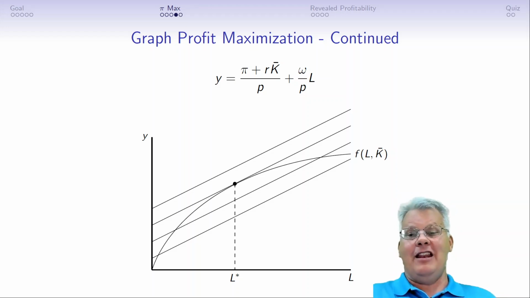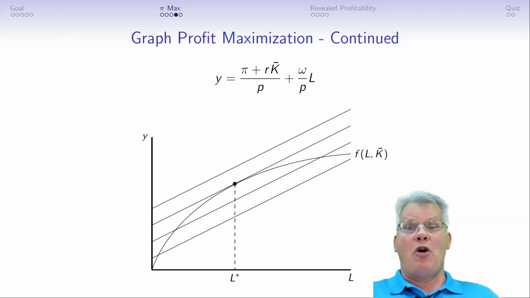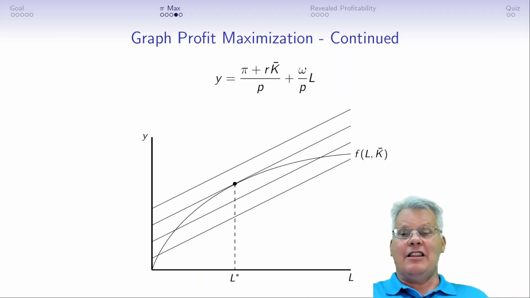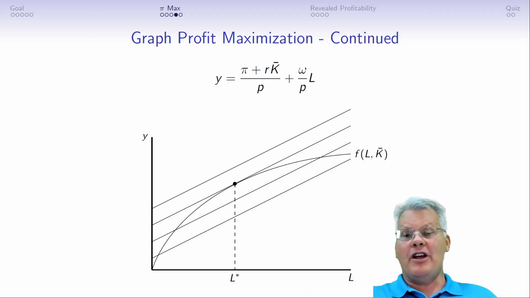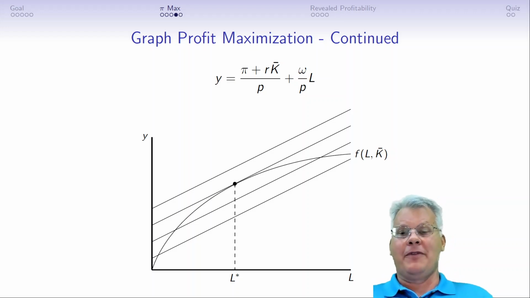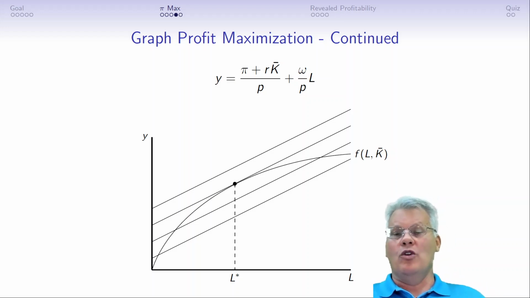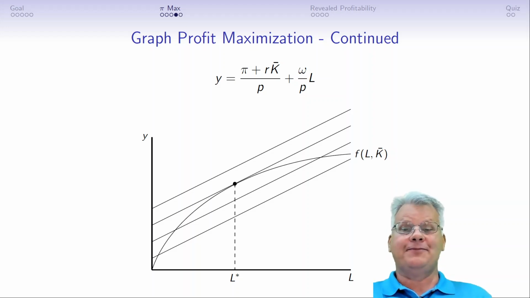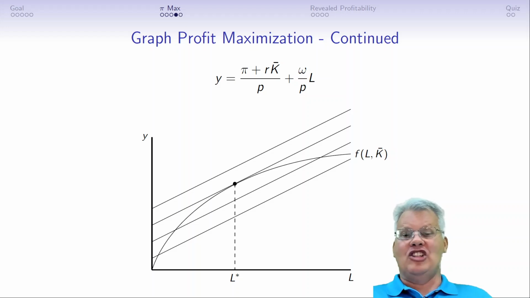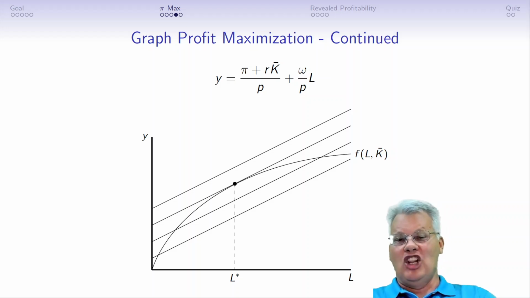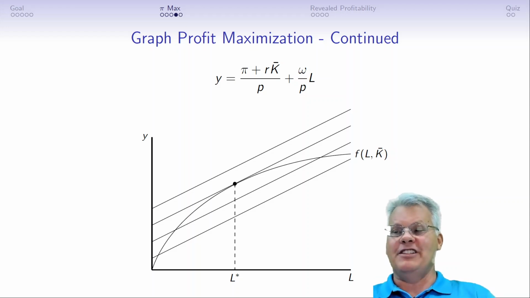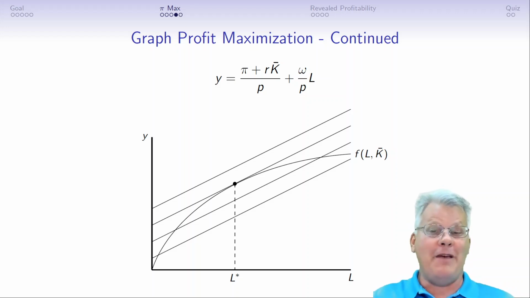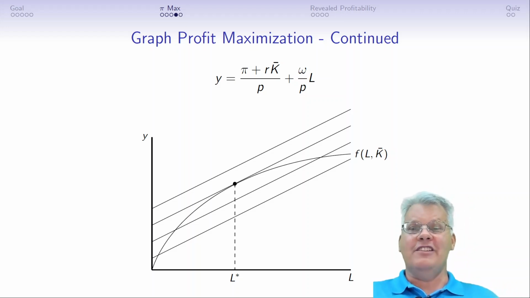The geometry of profit maximization is that the firm chooses the level of labor input where the production function is just tangent with the isoprofit line. So the slopes of those two are equal. That defines L star. It's technologically feasible to get lower profits, but higher lines represent more profit. More profit is better, but it may not be technologically feasible.